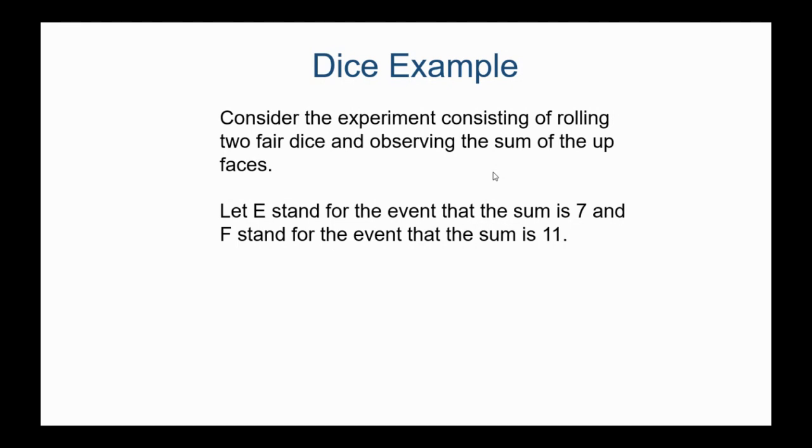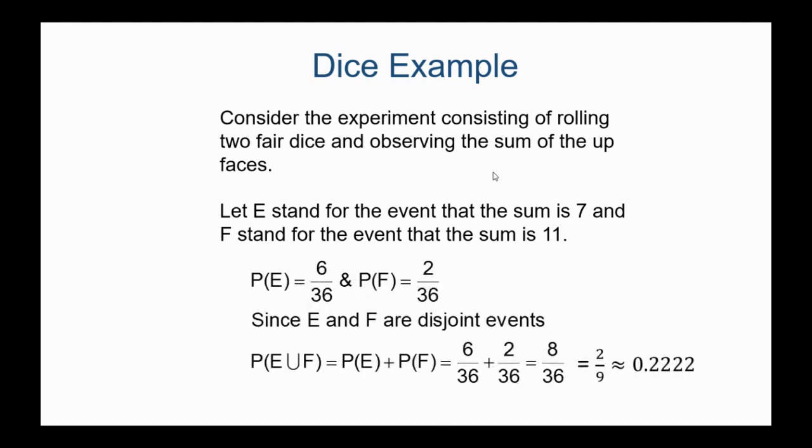Okay, let me ask you this. Can I roll a pair of dice and get both a 7 and an 11 on that one roll? No. So would these be disjoint events? Yes. So since they're disjoint events, they have nothing in common. We could simply add the 2 probabilities together.